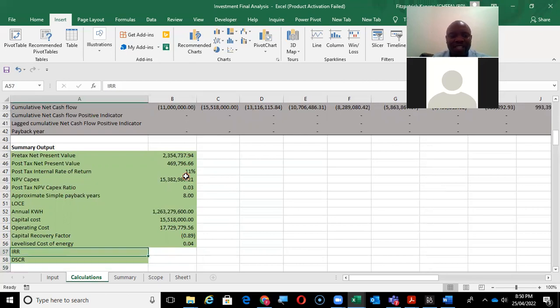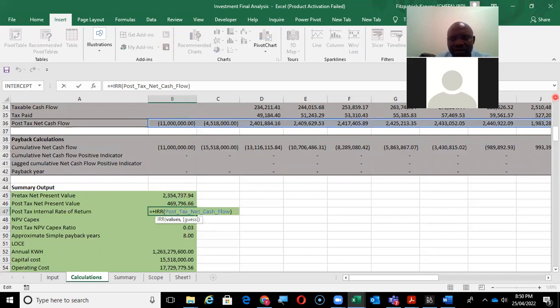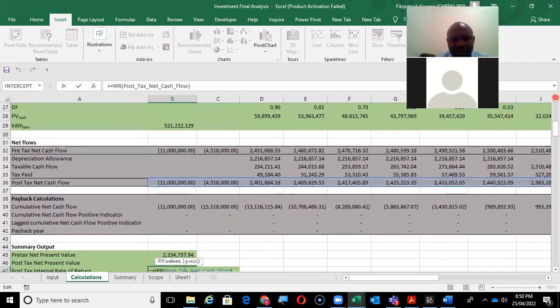But for the internal rate of return, there is no problem, because here what you do, you can pick, you have picked on your NPV, which is. See, it's there at row 47. The internal rate of return is there. Oh, okay, you computed it. Oh, I didn't see.